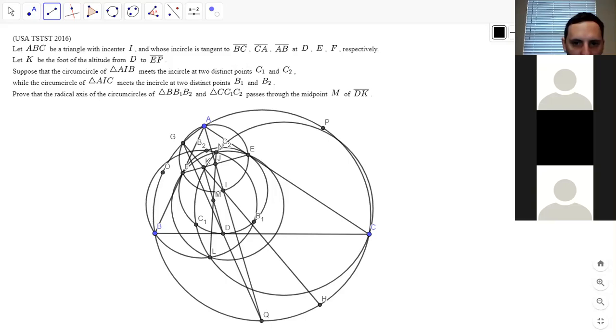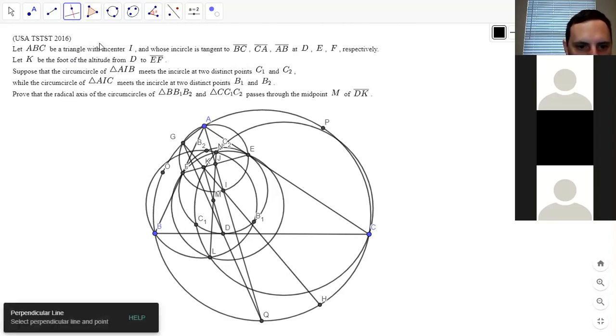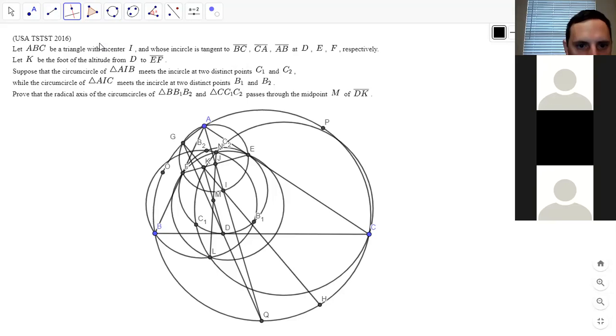BB1 is equal to BB2. BB1 and BB2. Yes. Interesting. Okay. Because of the radical axis, I guess.